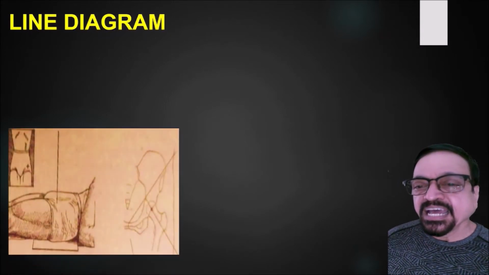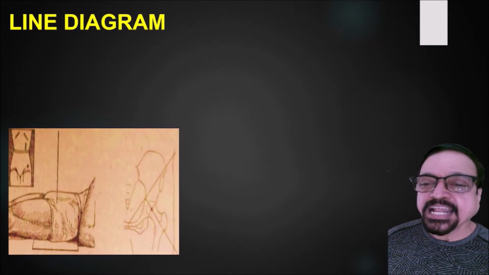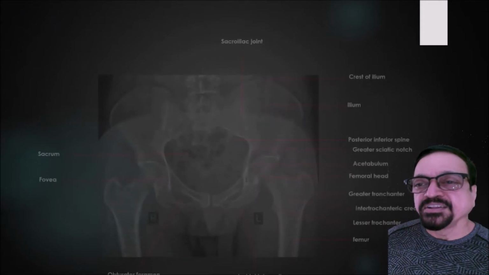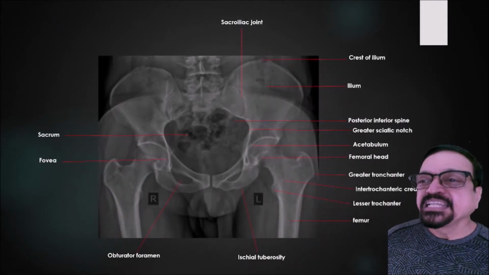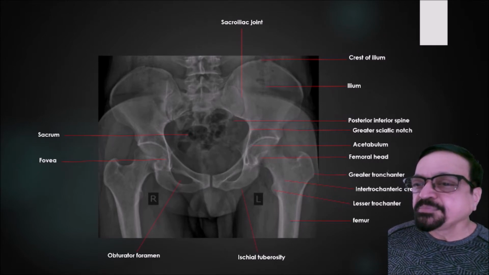Here we are seeing how a single side joint is drawn. We can see the line. First the surface marking from anterior superior iliac spine to symphysis pubis, and if you draw a perpendicular line, that usually indicates the neck of femur. Now here we are seeing the SI joints, then crest of ilium, then posterior inferior iliac spine, greater sciatic notch, acetabulum.